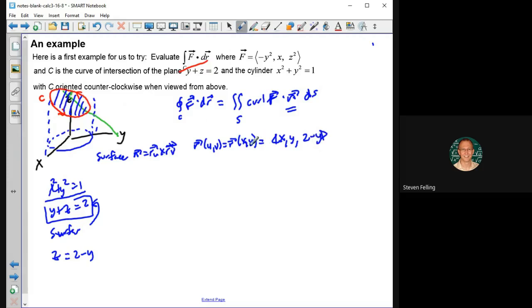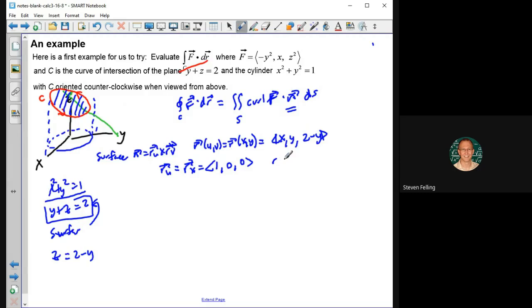Then I need my normal to that surface, so I'm going to have to take my two tangent vectors. So r_u would be r_x in this case, and the partial derivative with respect to x would be 1, 0, 0, right?